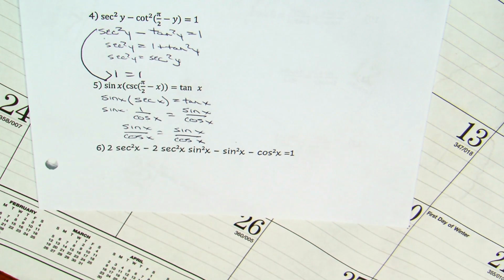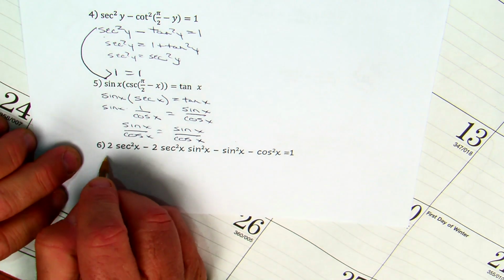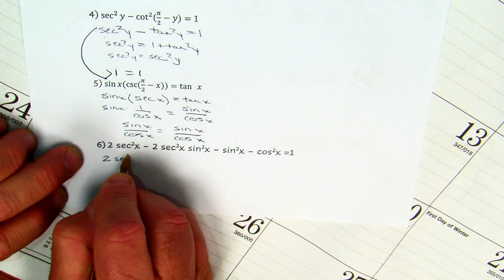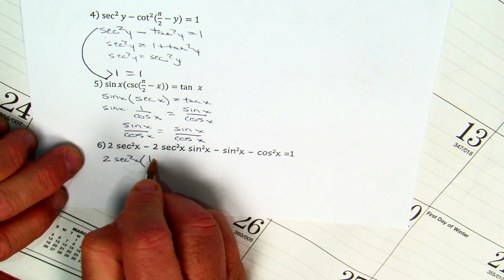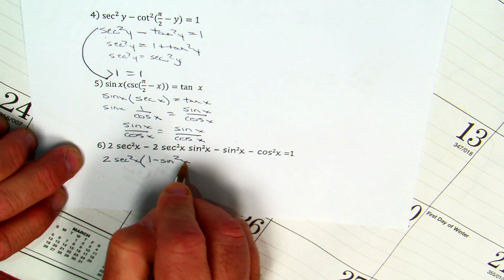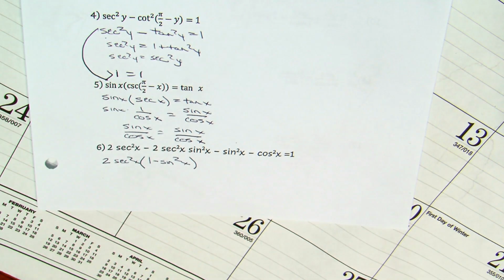Now, 6 is a little bit of a trickster because 6 has 4 terms. And what should you think of when you have 4 terms? Grouping. So I start with that. I pull out the 2 secant squared x. And I got 1 minus sine squared x. Everybody good with that?